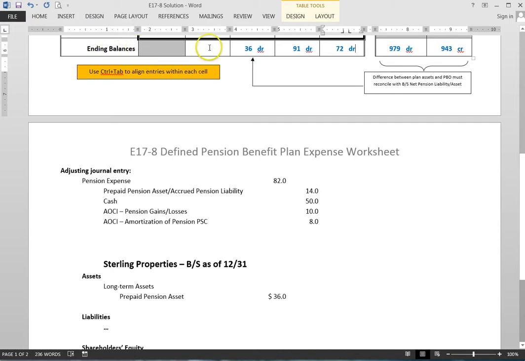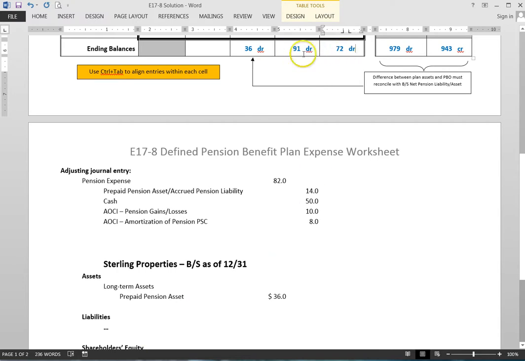These are my ending balances, and these are my balance sheet accounts. So for Sterling Properties, I have a net prepaid pension asset of $36,000. It's a debit balance in that account, so it shows up as a prepaid pension asset. If it were a credit balance, it would show up as a liability, but it's a debit balance, so it's on the asset side of the balance sheet.